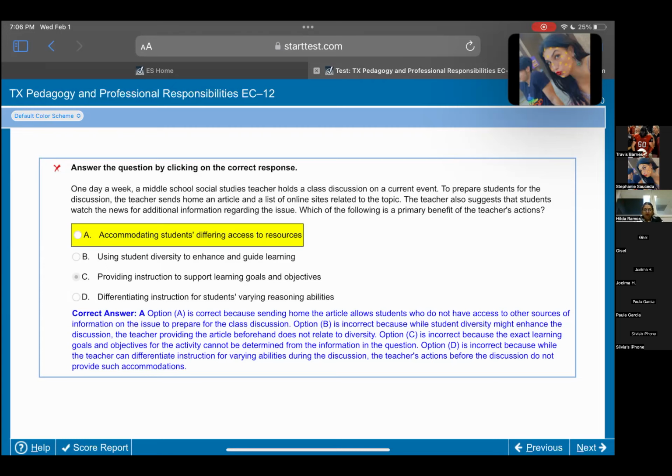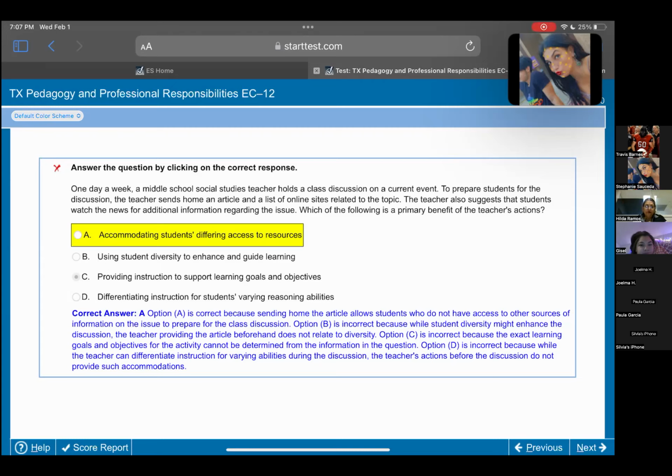So how does the teacher's activity accommodate differing access to resources? This is about socioeconomic resources at the house. You can come up with an amazing activity every week, but if your students can't prepare at home to participate in it, and let's say half of them can't, then half of them will not be able to participate and you failed half the class.